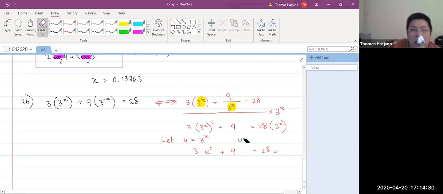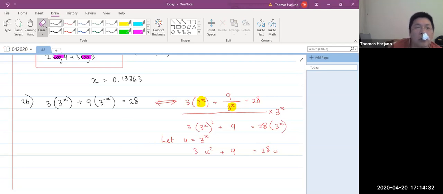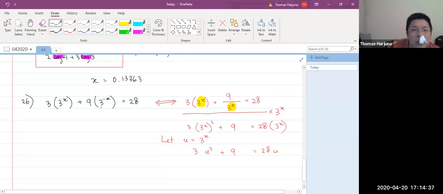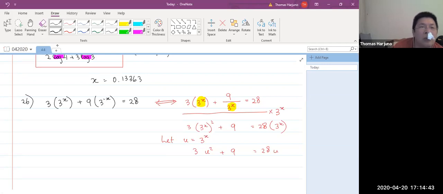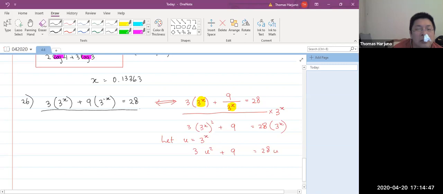Now that's the plan. Going back to our original question, you can see this is actually 3 to the x on the denominator. Let me multiply by 3 to the x. Now it becomes 3 times 3 to the x squared plus 3 to the negative x times 3 to the x.